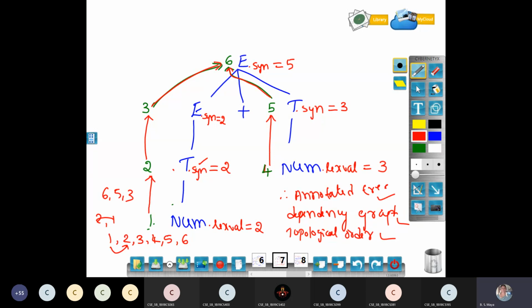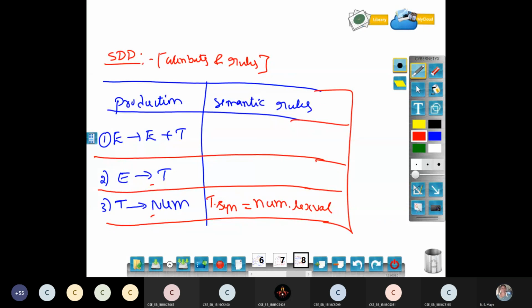E dot sync is equal to T dot sync. Can I write E dot sync is equal to T dot sync?